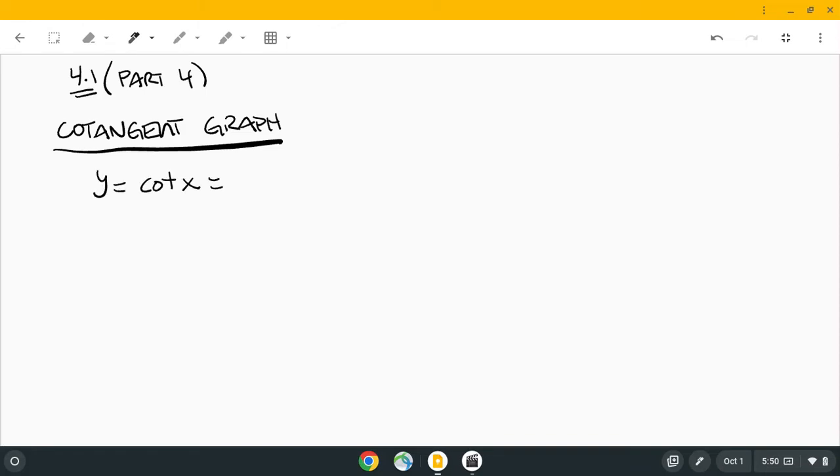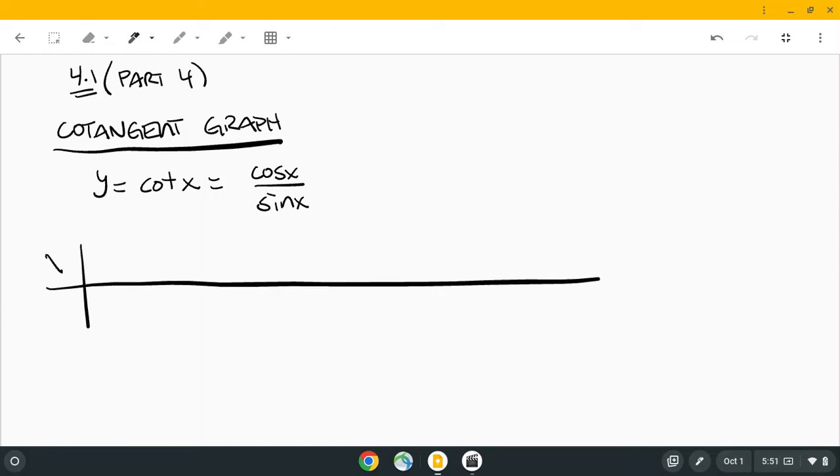Tangent is sine over cosine, but cotangent is cosine over sine. Cotangent is the reciprocal of tangent. Let's make our table of values for cotangent so we can see how the graph develops.